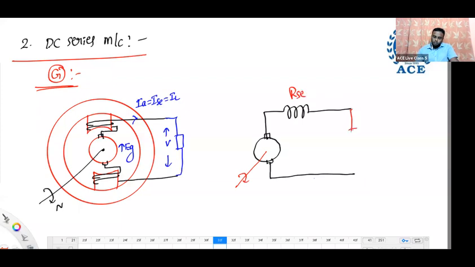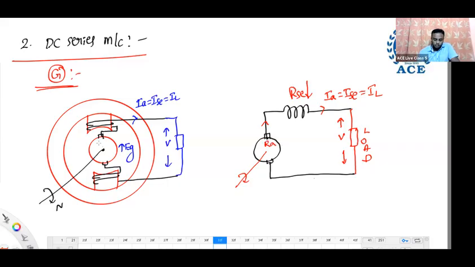Why is it thick wire? Because the field winding is connected in series with the armature and also in series with the load. That's why the resistance should be less. Otherwise, if resistance is high like shunt, most of the voltage will drop in the field winding itself whenever current is flowing. That's why we keep the resistance very low, less than 1 ohm almost, just like armature resistance.